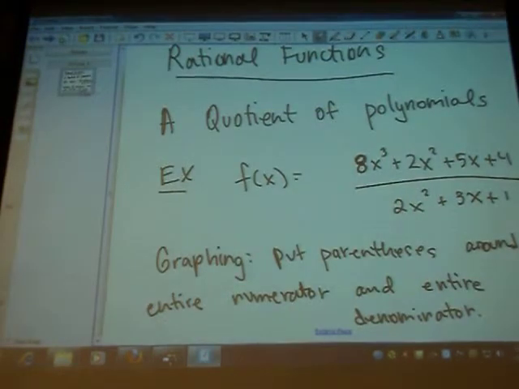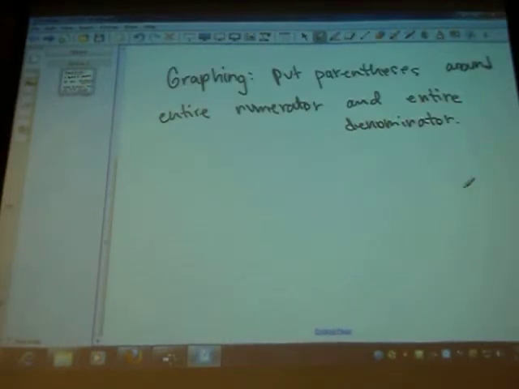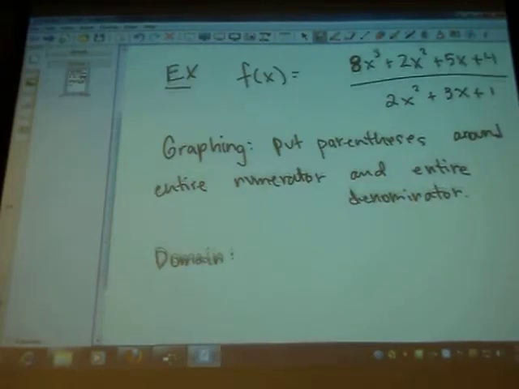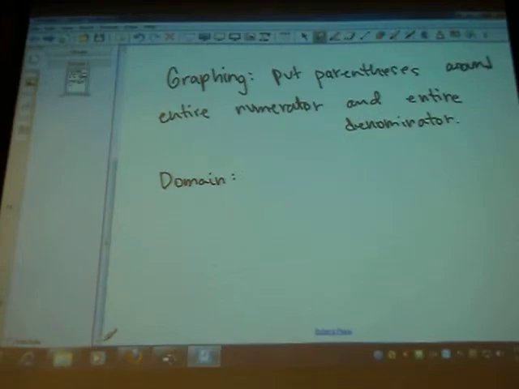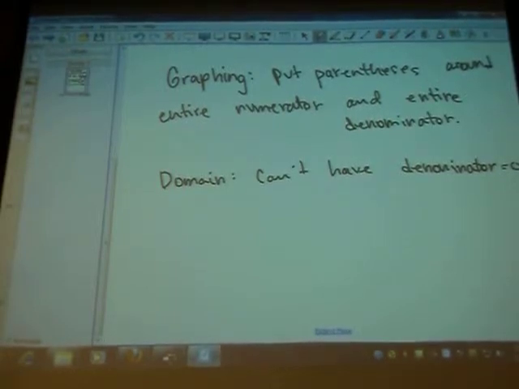Okay, now John said the word that is causing those lines, which is the domain. Now what can we not have in a rational function? Can't have 0 in the denominator. You cannot have the denominator equal to 0.